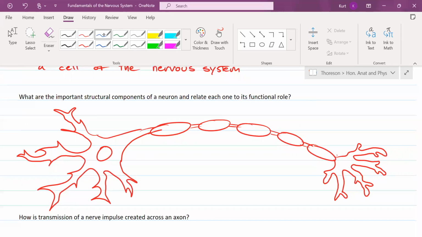Draw a tree. You know what dendrite actually means? Branch. Ooh, I forgot to draw a little.